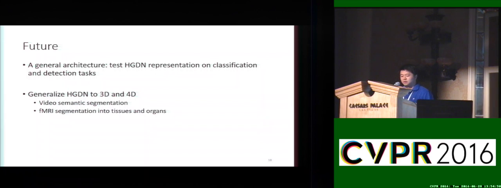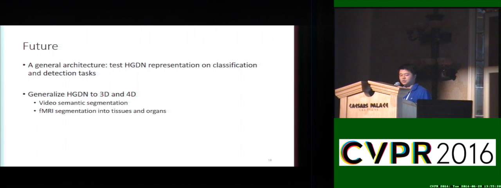For future work, first, we want to test the proposed architecture on other tasks like image classification as well as object detection, because we believe our representation considers a super scale of spatial context, so it can give us more accurate or better representations for each pixel, and thus will improve the result.